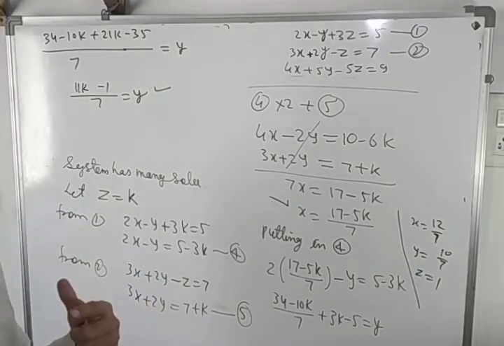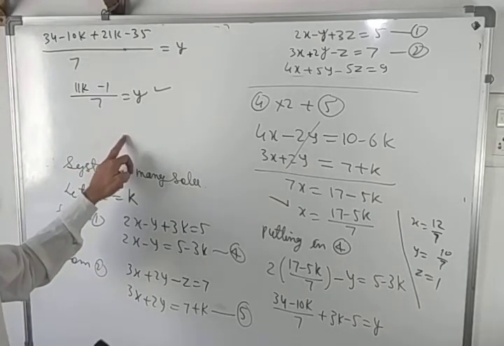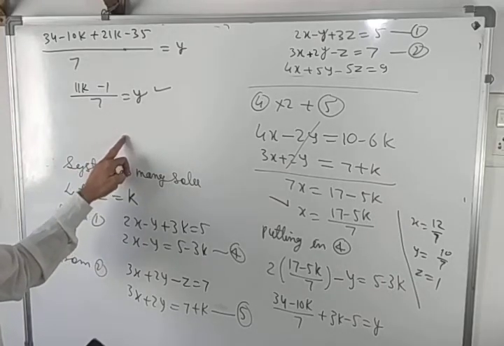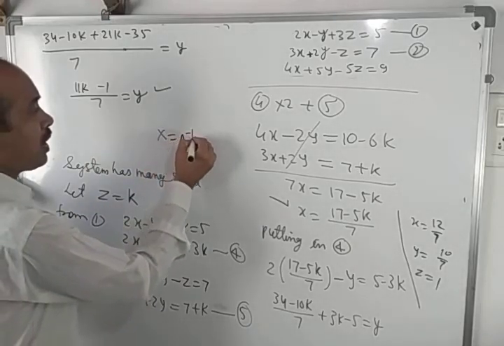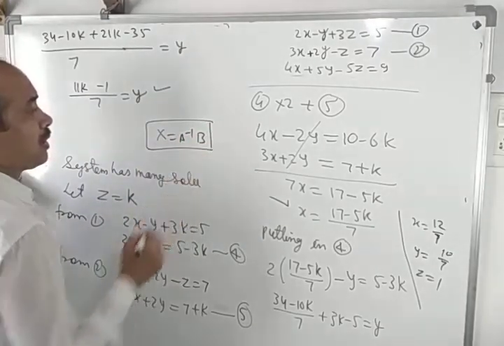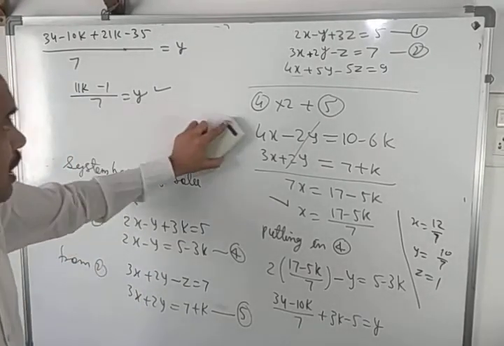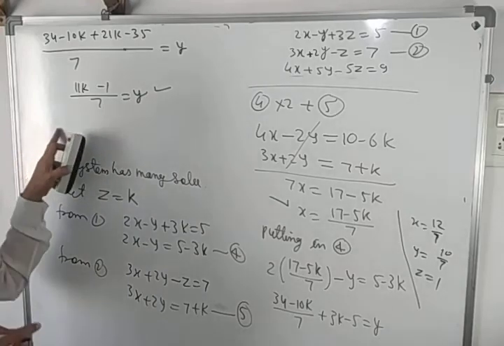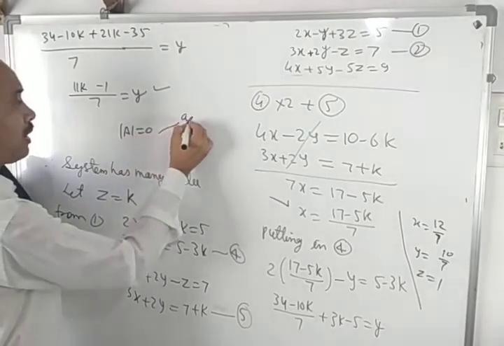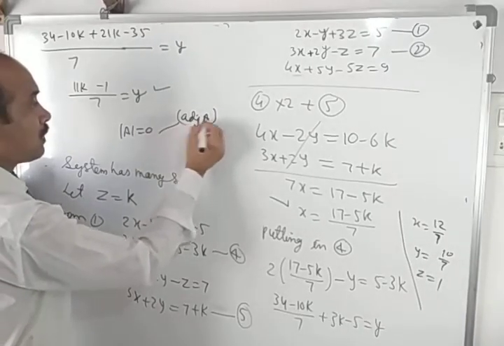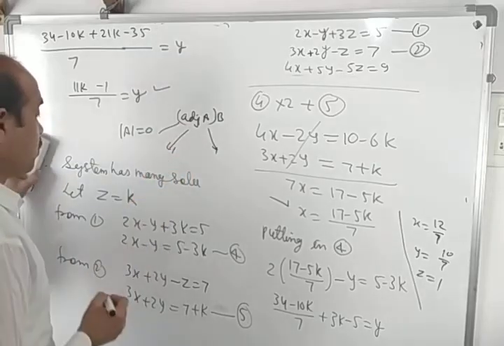In the previous video I explained how to find the solution when determinant of A is non-zero, where we get the solution X equal to A inverse B by this formula. Case 1, unique solution. The second case we have discussed right now, where determinant of A is 0. Then we go for adjoint of A into B, and whether it is 0 or non-zero, there are two cases.